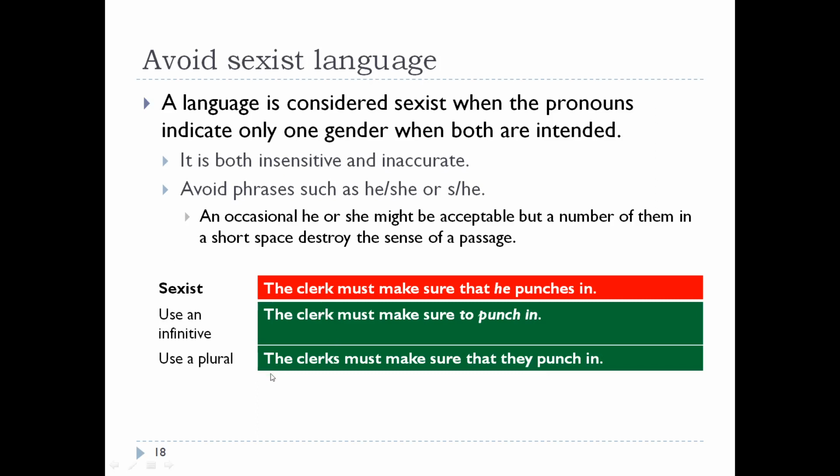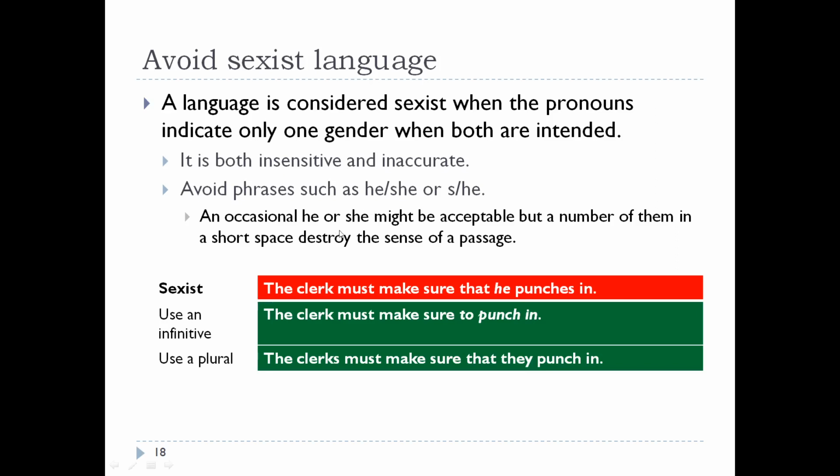Plural does not have any gender, so this can be done. What you should not be doing is what people tend to write: he/she or s/he. You should not be using phrases like these.